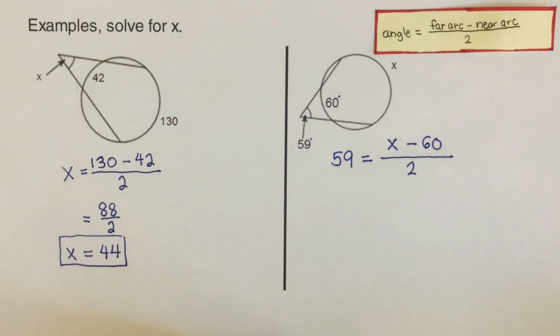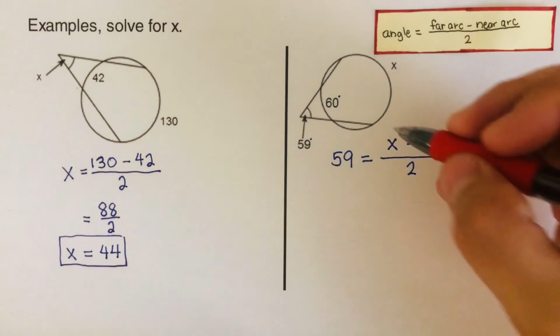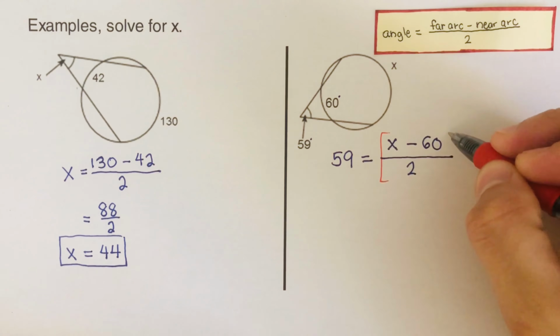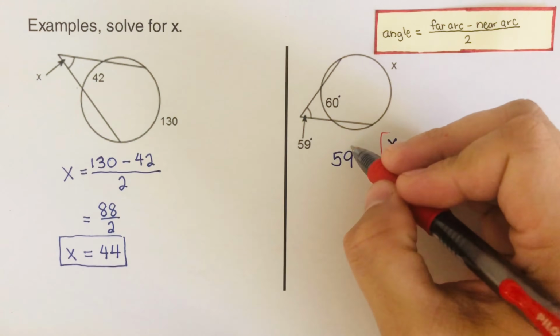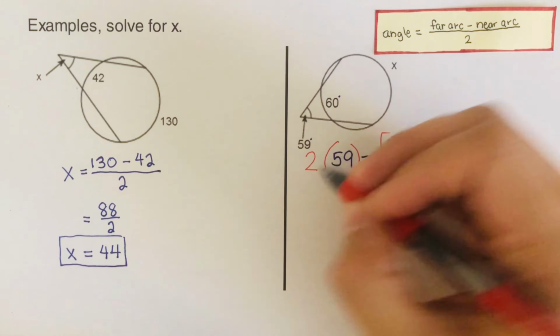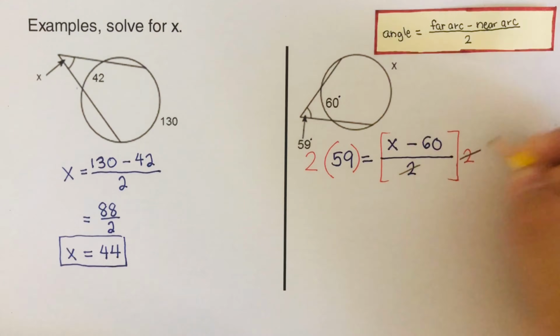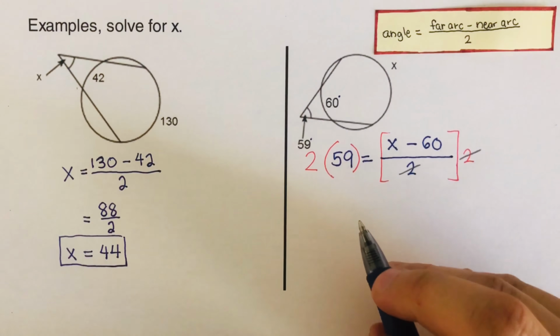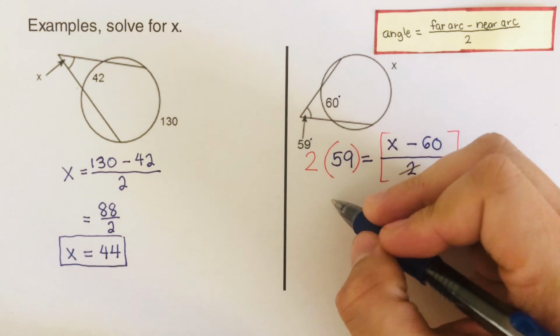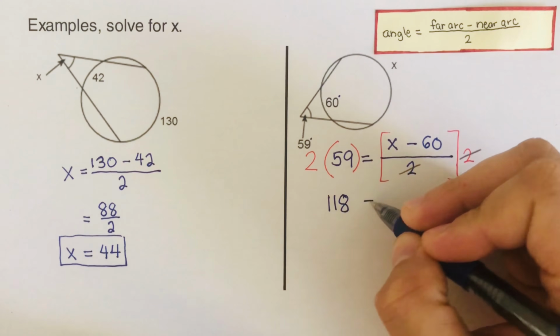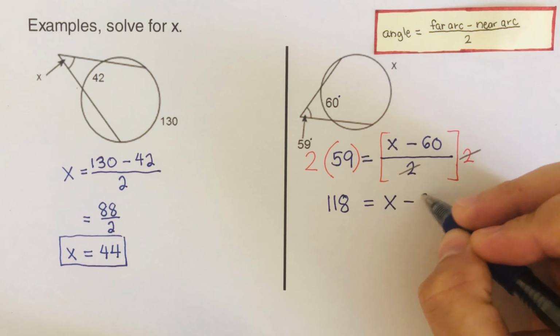From here, we can get rid of the denominator 2 by multiplying both sides by 2. If we multiply that by 2, we can cross the 2 out. Then we are left with 59 times 2, which is 118, equal to x minus 60.